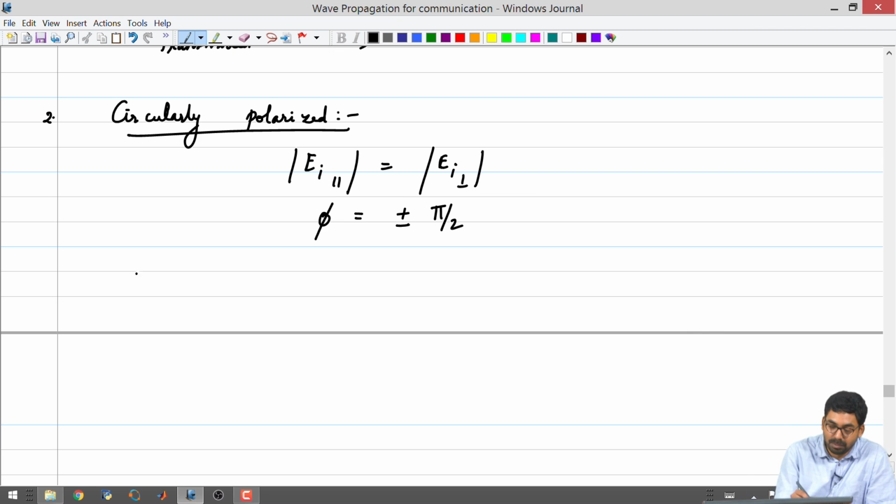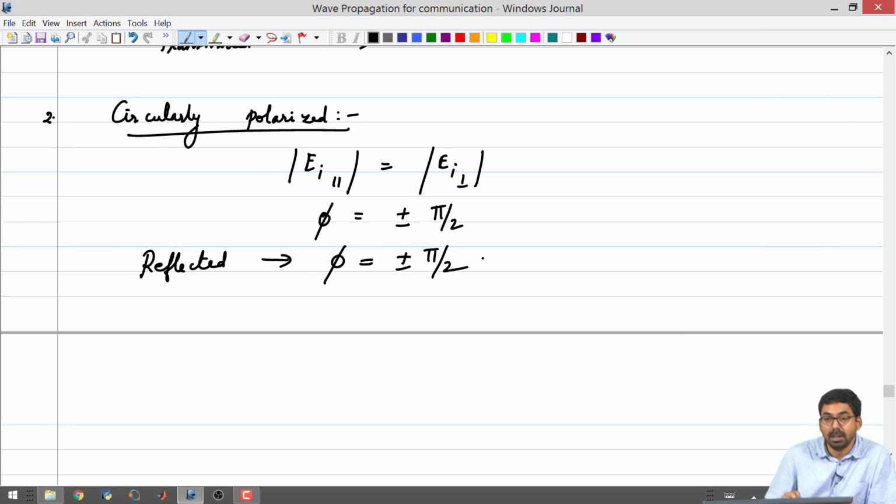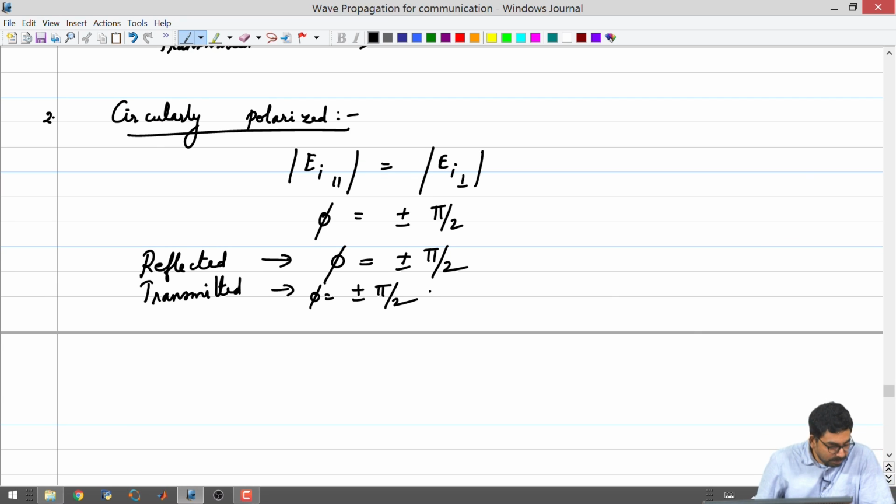So, for the reflected case, your phi will still remain at plus minus pi by 2. For the transmitted case, phi is equal to plus or minus pi by 2.